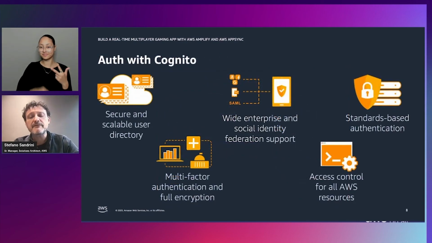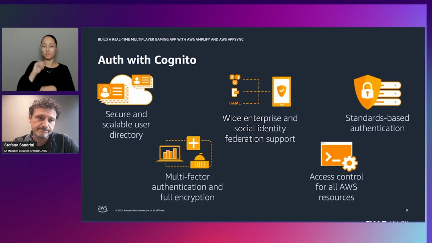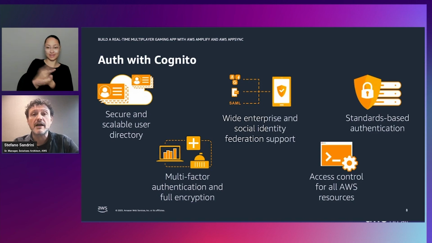When you ask Amplify to add the authentication category, the feature will be based on a service named Amazon Cognito. Amazon Cognito provides you a secure and scalable user directory with wide enterprise and social identity federation support and standards-based authentication. It also provides optional multi-factor authentication.